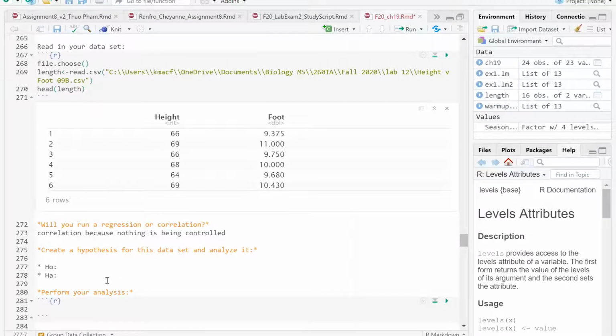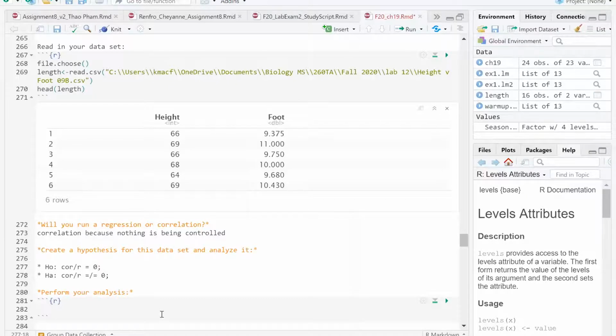So since it's a correlation, what are our hypotheses about? Are we looking at our slope or are we looking at our coefficient? Yeah, we're looking at our correlation coefficient. So cor, or r, whichever you want to say it as, equal to 0 is our null hypothesis for all correlations, and our correlation coefficient not equal to 0 is the alternative.